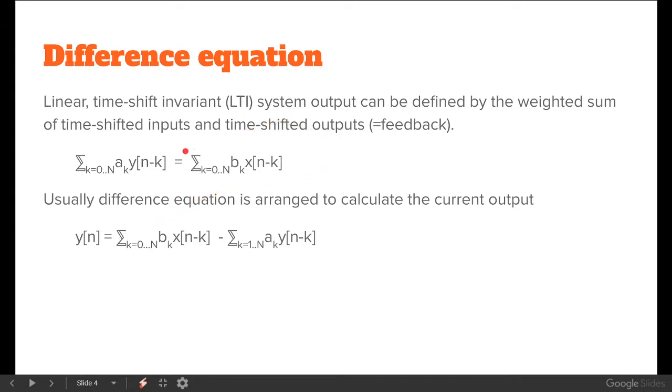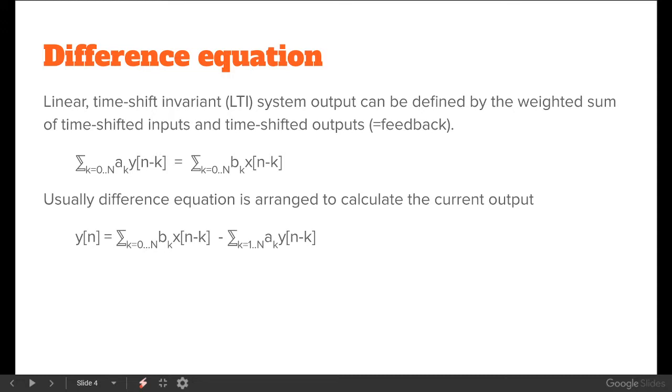Then we have this feed forward section, the B scaling factors, which are constant scaling factors for this system, multiplied by different delayed input signals, minus the remaining part, which is the history of output.